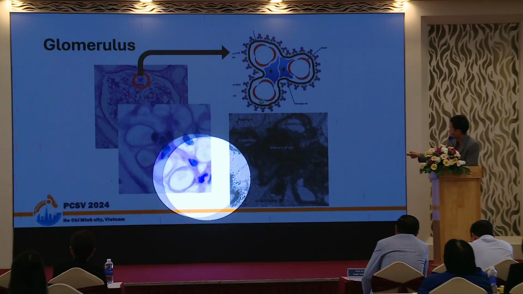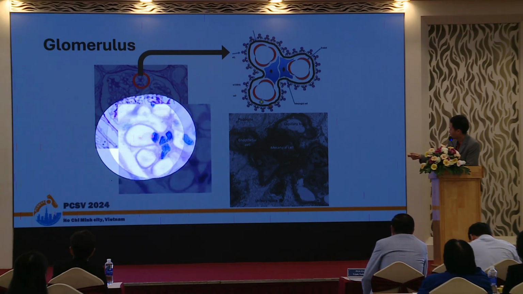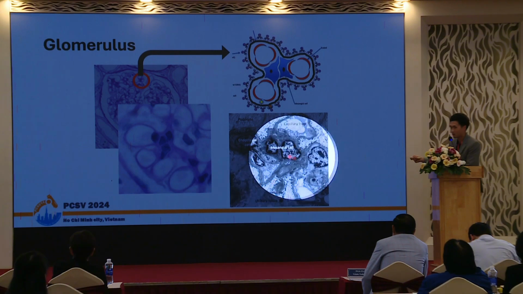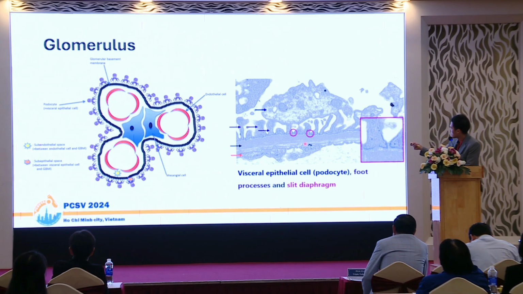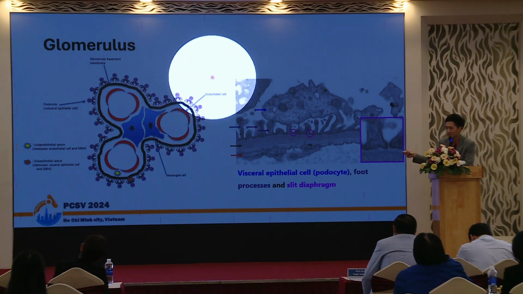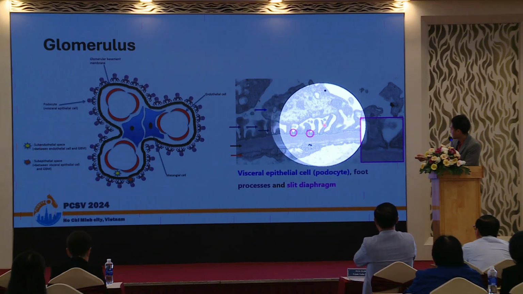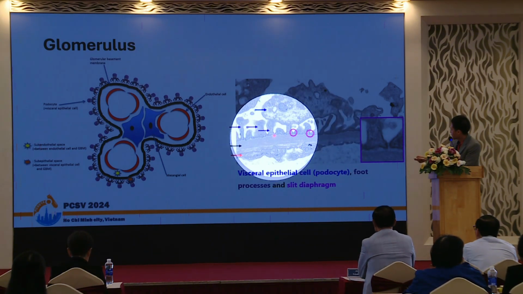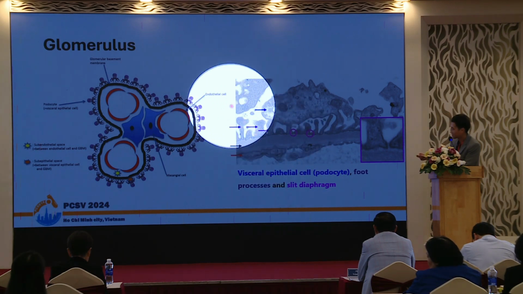We can identify these mesangial and endothelial cells in light microscopy and electron microscopy. The endothelial cells, basement membrane and podocytes make a very interesting structure of the capillary wall, and they filter the urine.